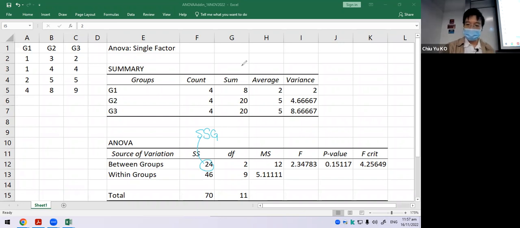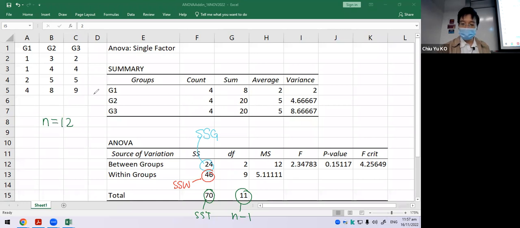You can check your handout, it's actually the number covered there. This is SSW, and this is SST. SST has degrees of freedom n-1. What's n there? We have three groups, each group has 12 divided by 3, which is 4. Then n is 12.